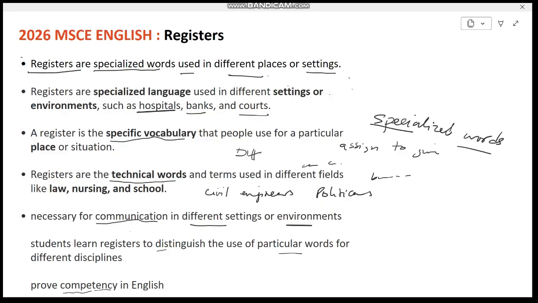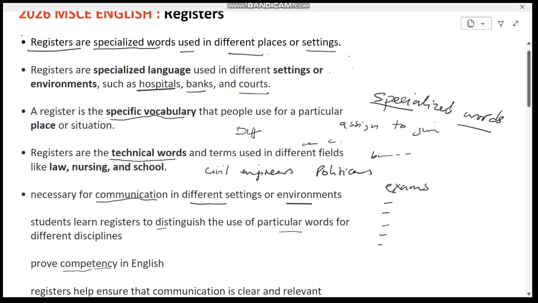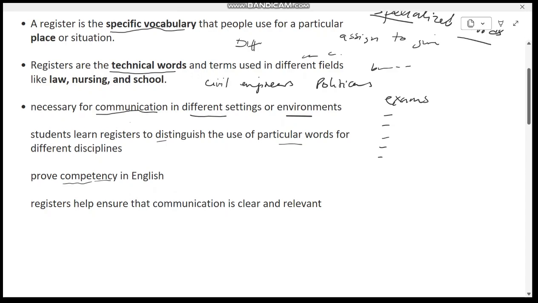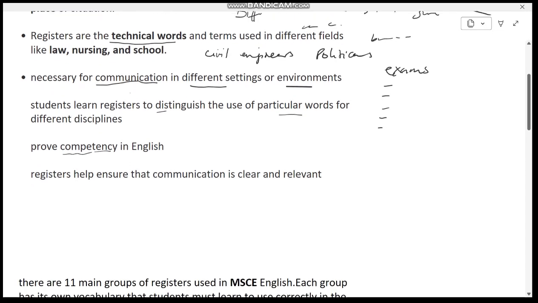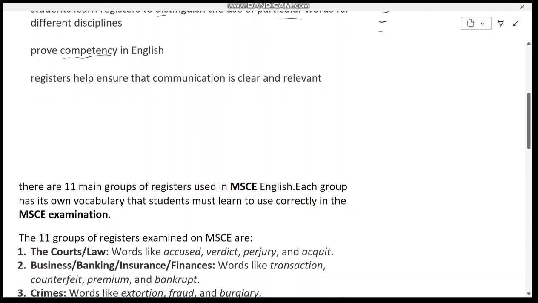If you check, there are even exams for particular professions where they check you to see, do you really understand this profession? Are you competent in English enough to communicate in this particular field? So registers help to ensure that communication is clear and relevant.